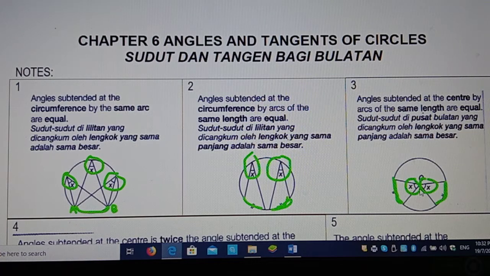Angle which vertice touch the center, we call it central angle. So central angle same value if coming from the same length of arc. Okay, so sudut pada bulatan datang daripada lengkok yang sama panjang adalah sama besar. So central angle formed by arc of same length are equal. So this one same.